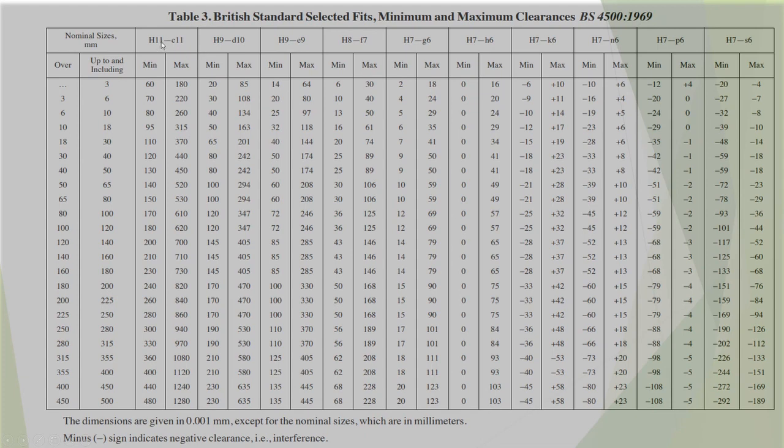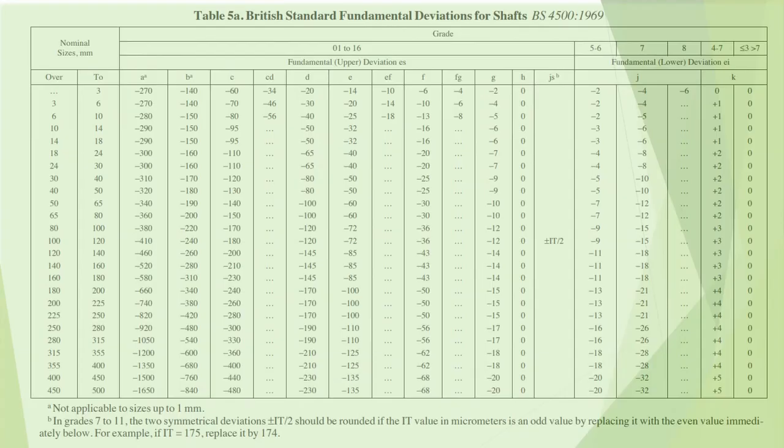These combinations are of interference fit, clearance fit or transition fits. And here again we have the same. These letters are for the shaft, and these numbers are in thousandths of mm.